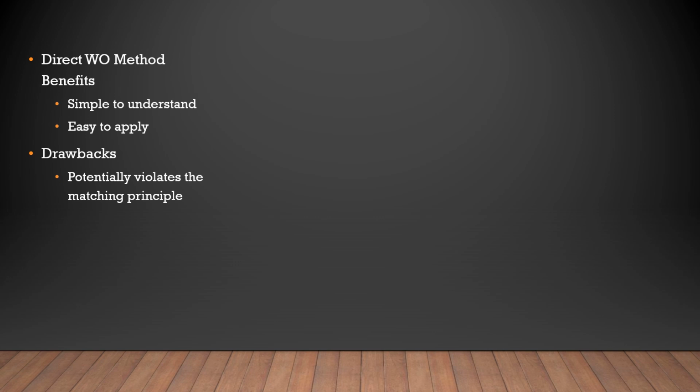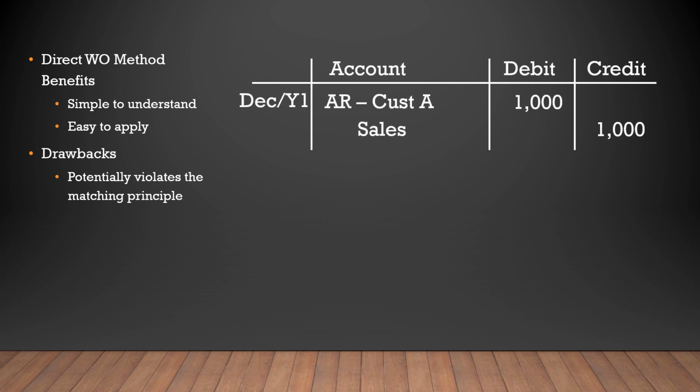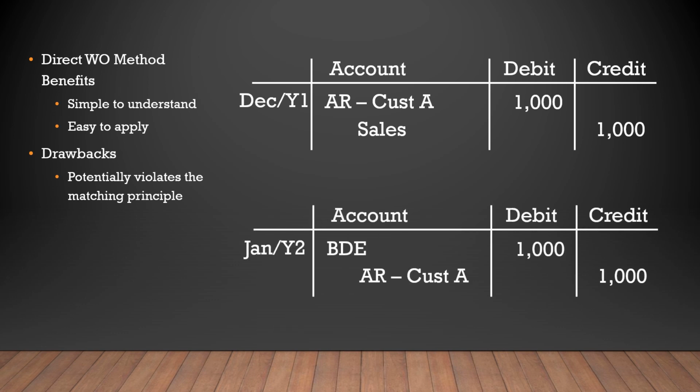As an example, imagine a company makes a credit sale in December of a particular year. However, what if the account doesn't become delinquent until a month later in January of year 2? The revenue was recorded in year 1, but the expense wasn't recorded until year 2.